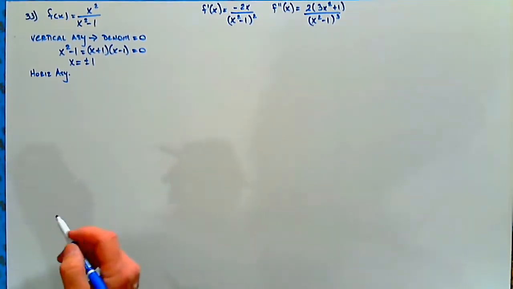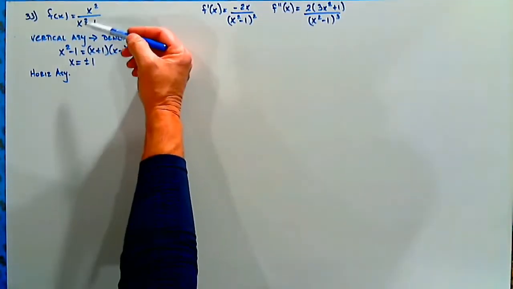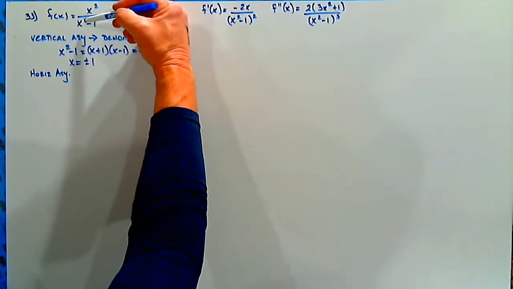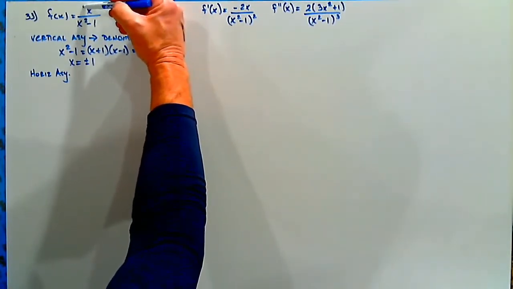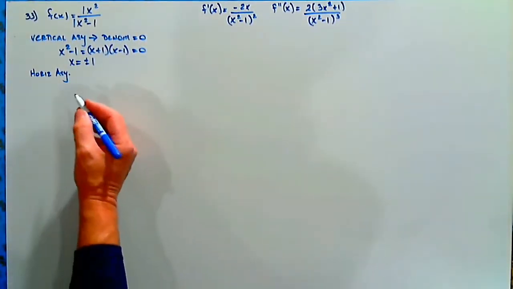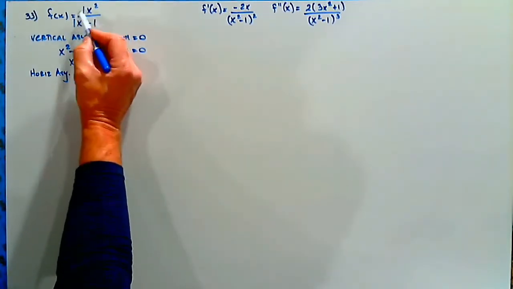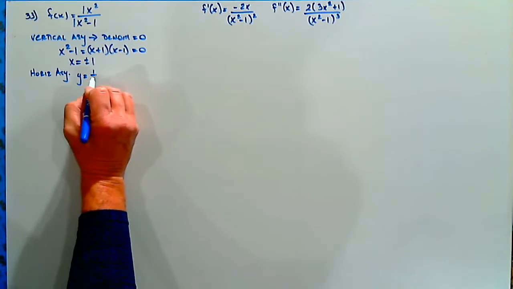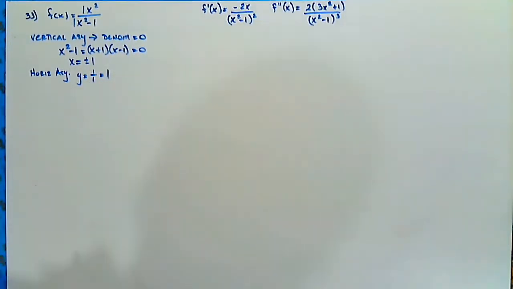But we had rules in pre-calc that said if you have a rational function and the degree of the numerator is equal to the degree of the denominator, the ratio of the leading coefficients is your horizontal asymptote. So our horizontal asymptote here is y equals 1 divided by 1, or y equals 1. So right now, we have horizontal asymptotes and vertical asymptotes for this function.